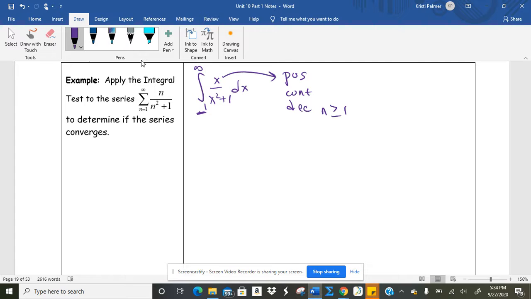So let's go see what we want to do here. Well, I have to get a limit because we can't have infinity. And I see that I am almost set up. I don't want to have to do a u sub if I don't have to. So I know that the derivative of x squared is 2x. And we have the x, so I need a 2, which means I'll also need a 1/2 to balance it.